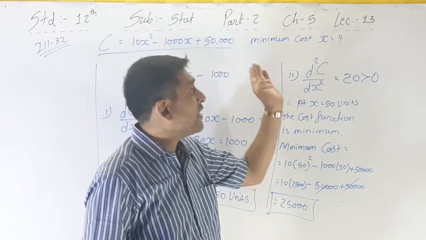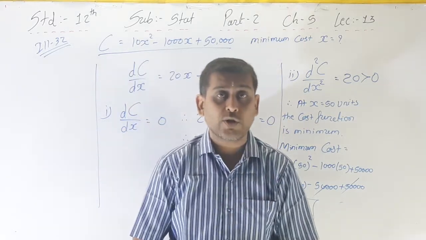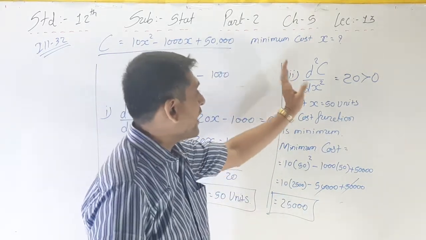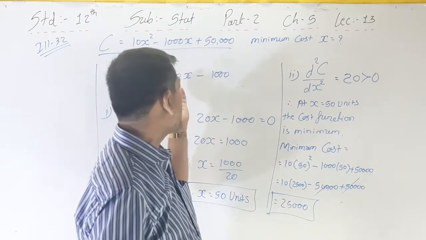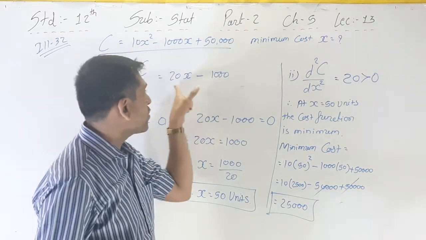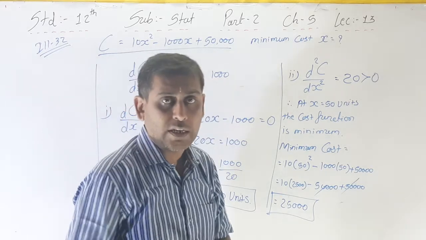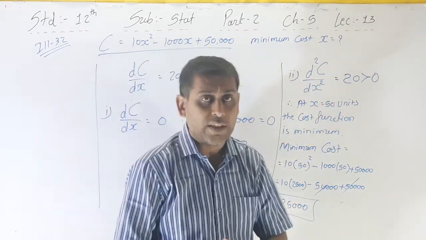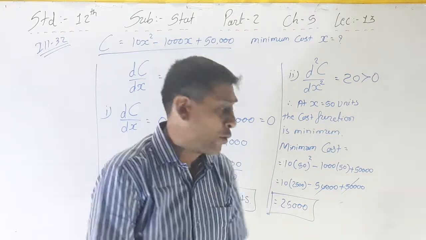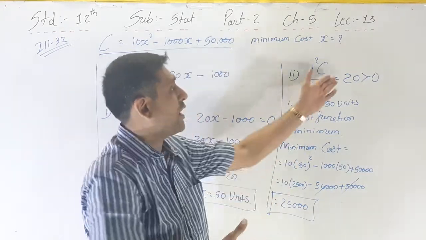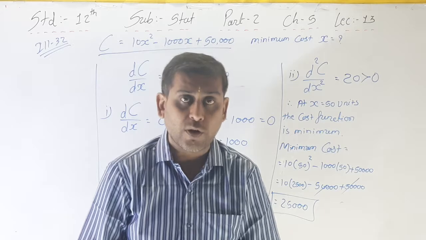Okay, so now we have to fulfill our second condition. What is our second condition? We have to find out the second differentiation. See, the second differentiation of this function is 20 into x, that is 20, minus 1000, that is 0. So 20 is your final answer. We don't have to put the x value here because there is no x in the second differentiation.